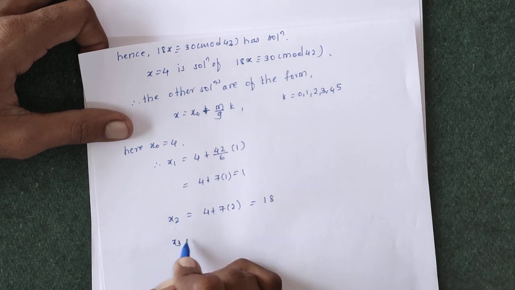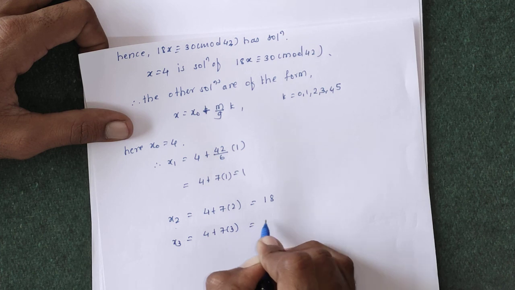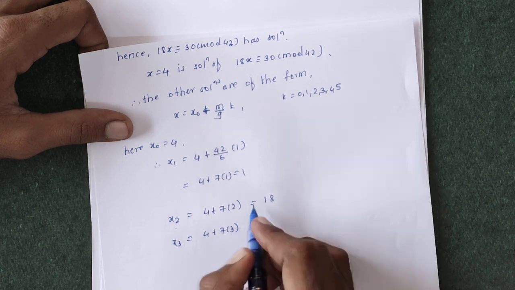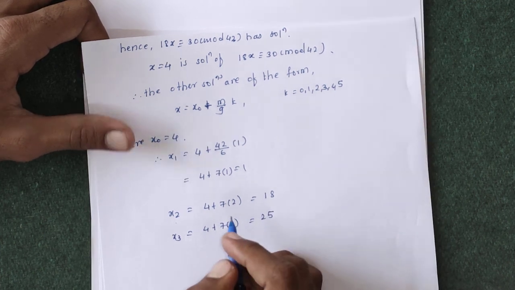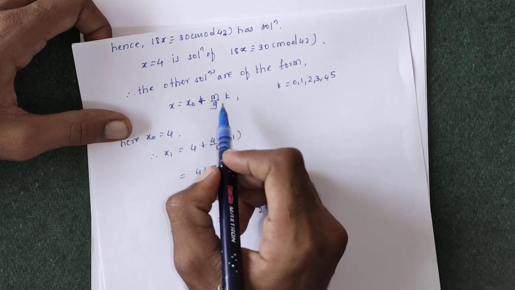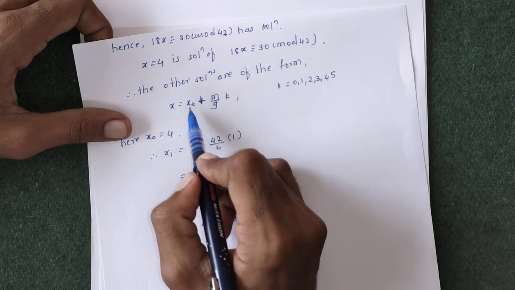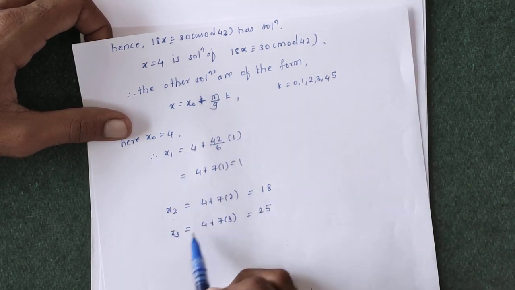For the third solution, x3 equals 4 plus 7 into 3, which is 21 plus 4, 25. We know that there are exactly g solutions, here g equals 6, so 6 solutions.